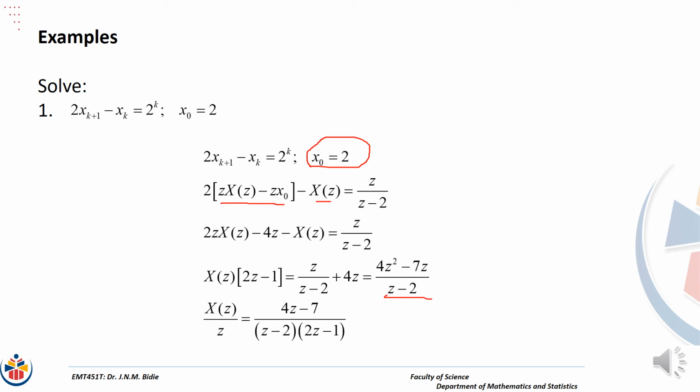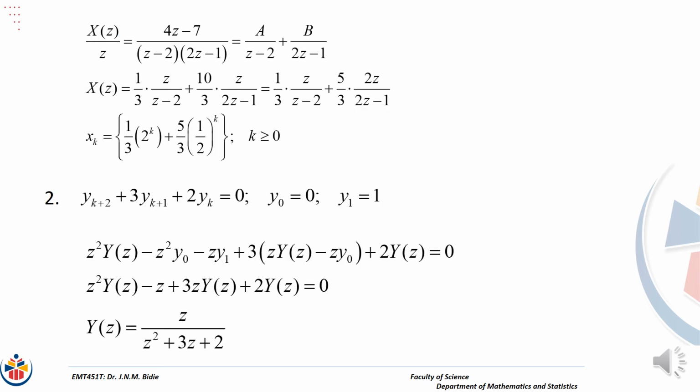In order for us to take the inverse Z transform, we have to take partial fractions of the right-hand side. The terms that I've got are A as 1 over 3 and 10 over 3 for B. Recognizing that the second term has got 2z minus 1 in the denominator, it means I have to have a 2z in that numerator.